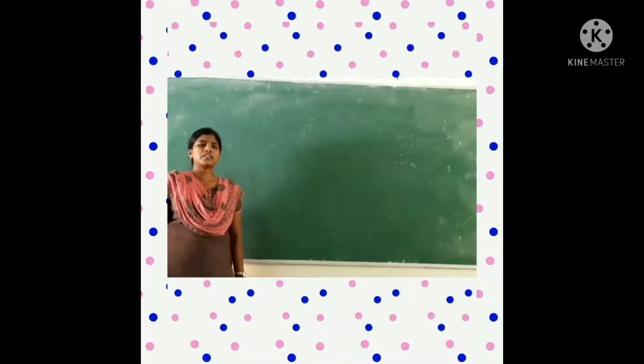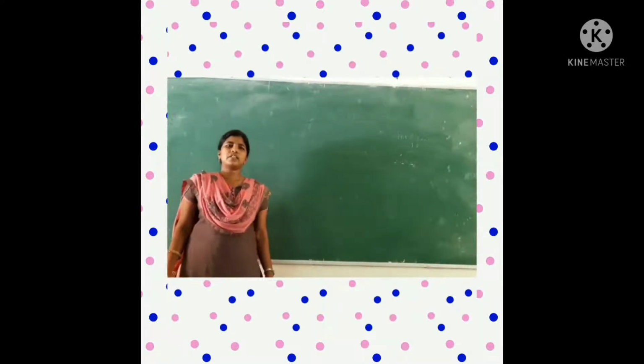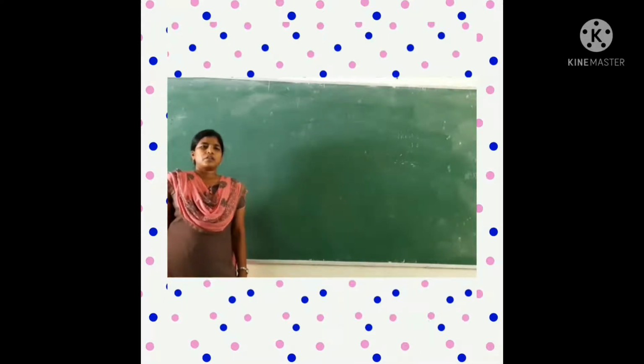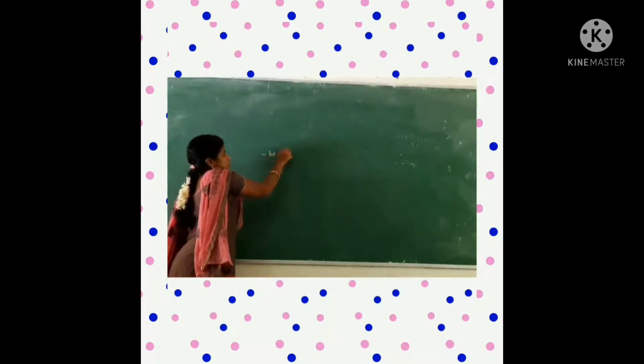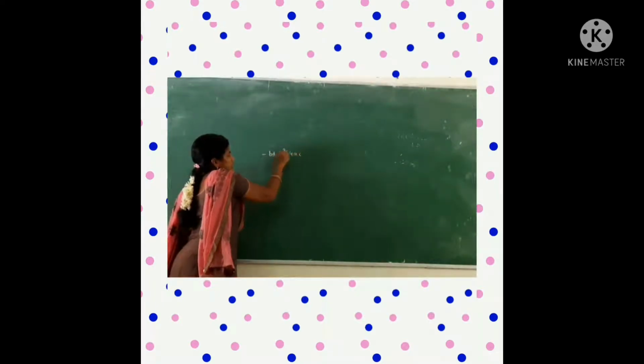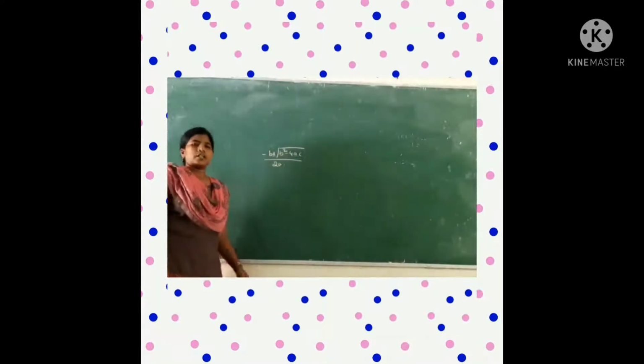Okay, what is the general form of a quadratic equation? ax square plus bx plus c is equal to 0 and a not equal to 0. And then the roots of the equation: minus b plus or minus root b square minus 4ac by 2a.